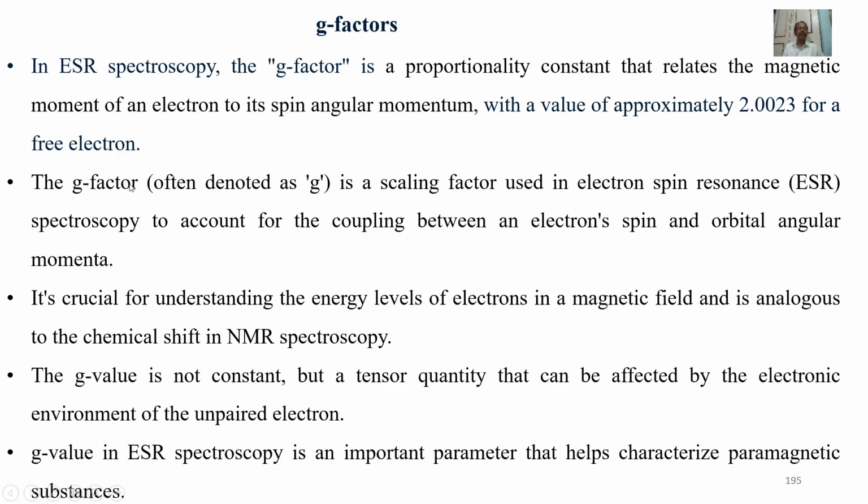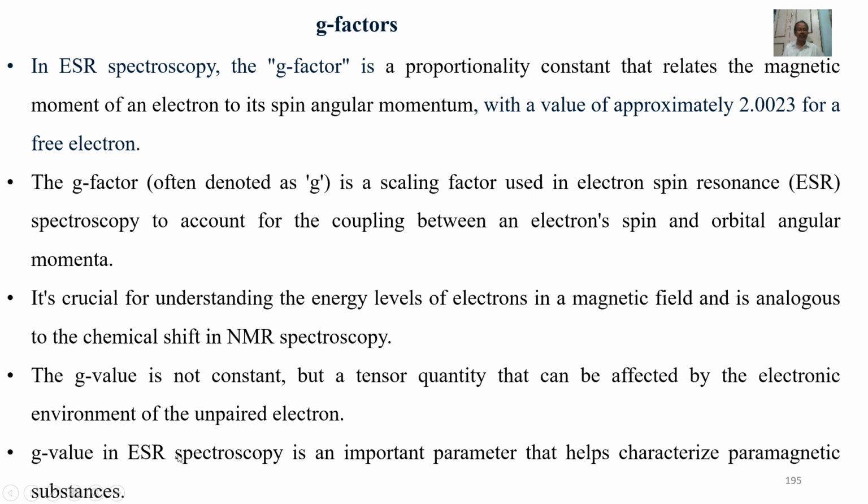The g factor, often denoted as g, is a scaling factor used in electron spin resonance spectroscopy to account for the coupling between electron spin and orbital angular momentum. It's crucial for understanding the energy levels of electrons in a magnetic field and is analogous to the chemical shift in NMR spectroscopy. The g value is not a constant, but a tensor quantity that can be affected by the electronic environment of the unpaired electron.